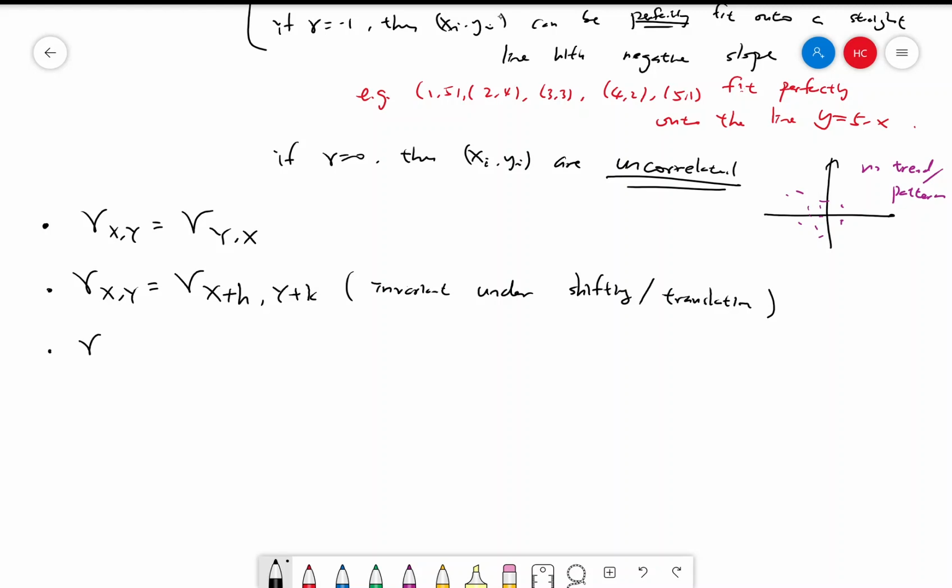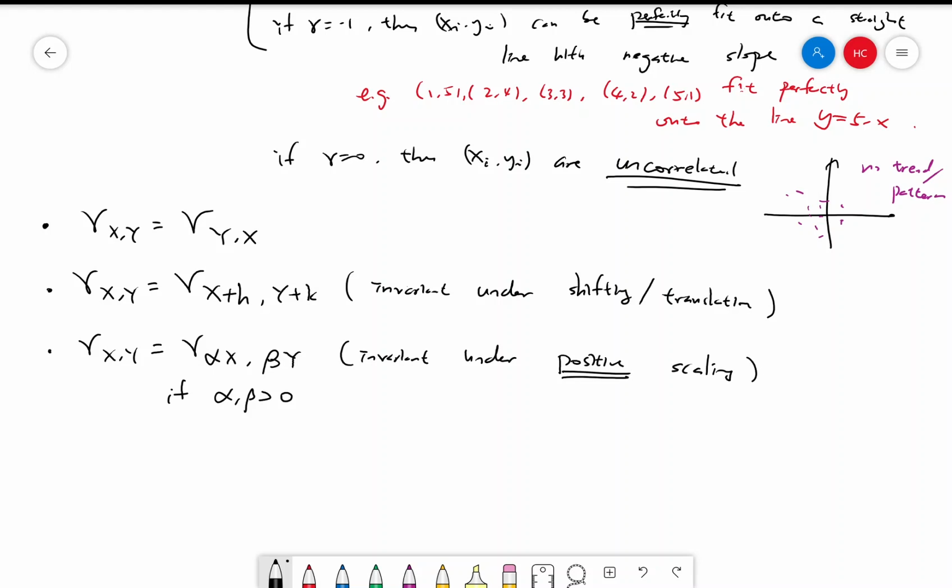And the same thing when you scale it. So if you scale all the x_i's by a scalar alpha and scale all the y_i's by a scalar beta, the sample correlation does not change if alpha and beta are positive. So that means r is invariant under positive scaling.